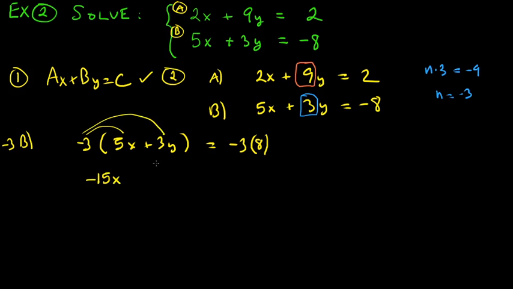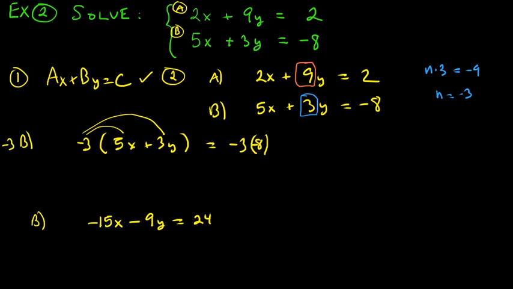Negative 3 times positive 3y is negative 9y. And negative 3 times negative 8 is positive 24. Okay, so that's still equation B. All we did was multiply by negative 3 on both sides. And then equation A, well, notice we can leave that alone here. In fact, I probably should have written that on top.